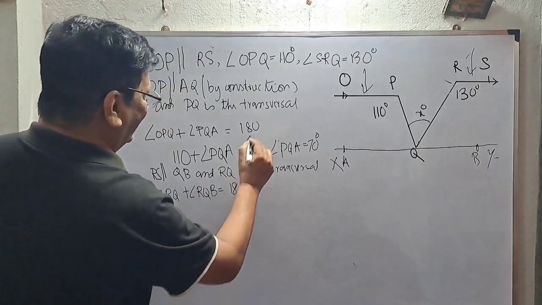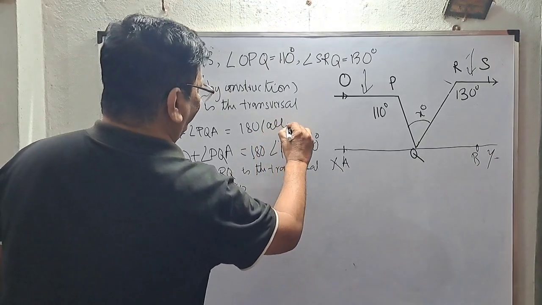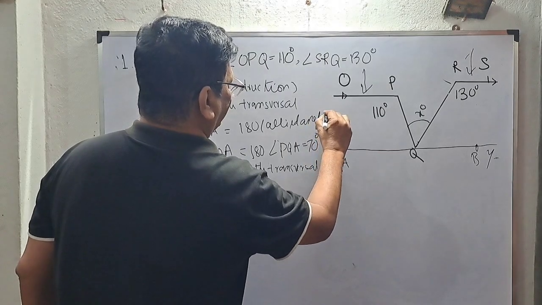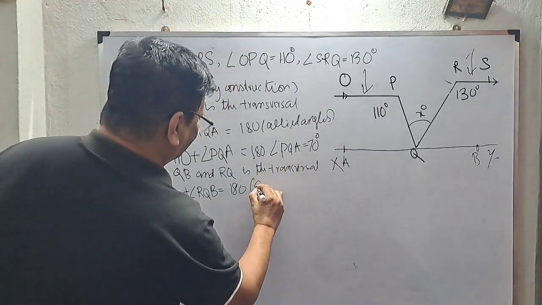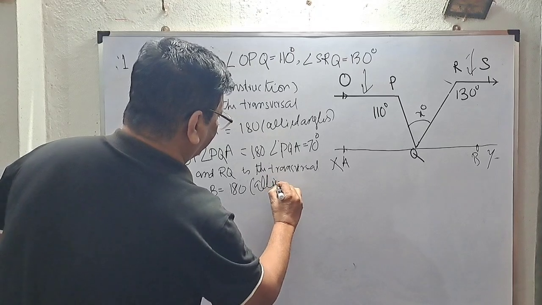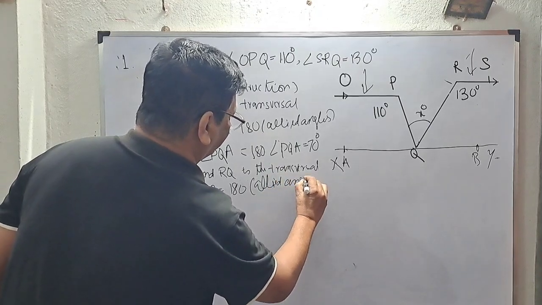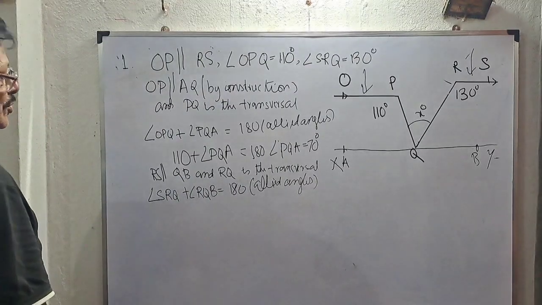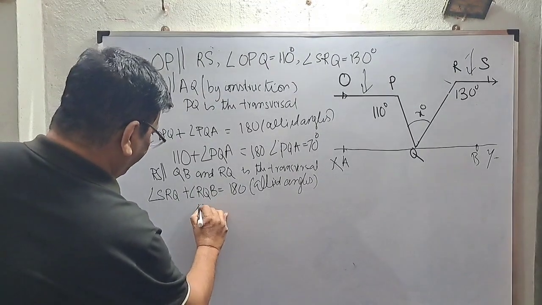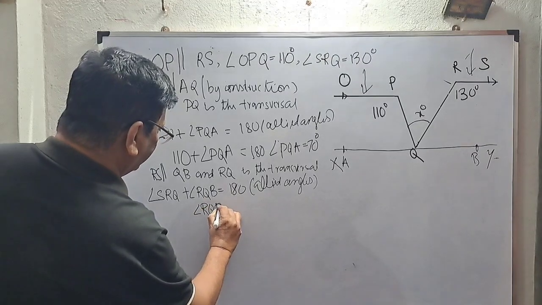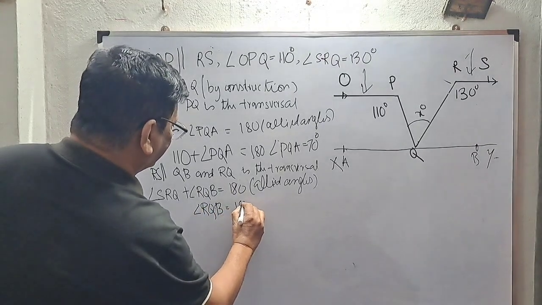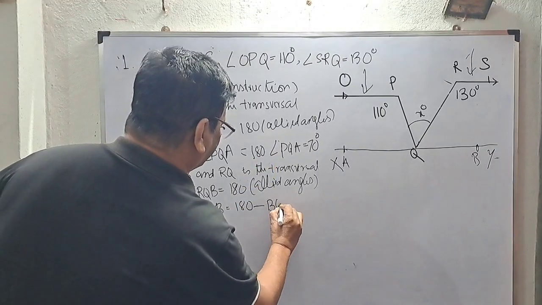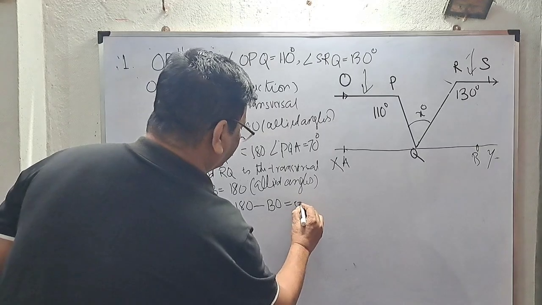Same reason, allied angles. Right? So we can find out angle RQB is equal to 180 minus 130, that is equal to 50 degree, right?